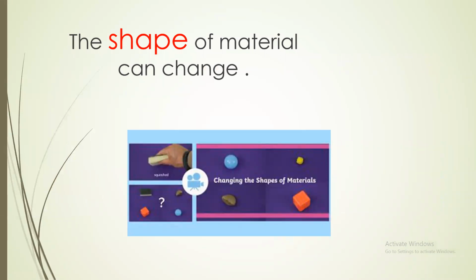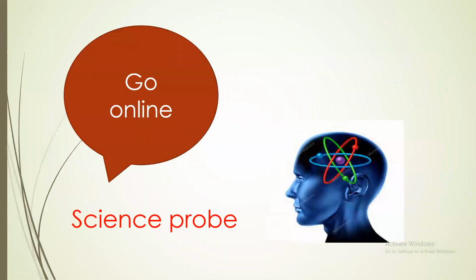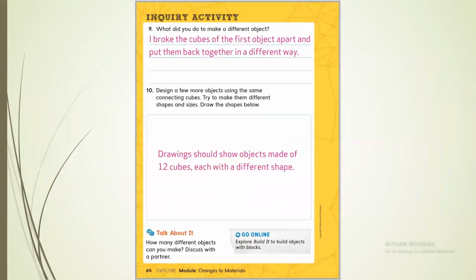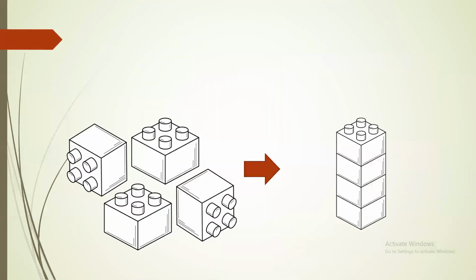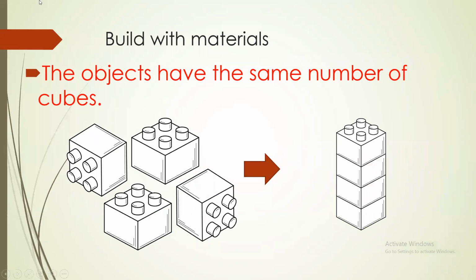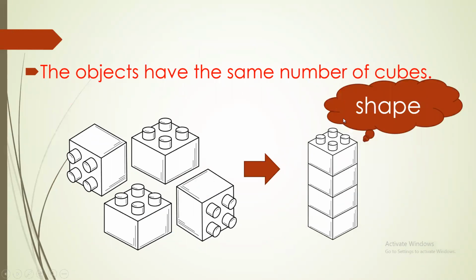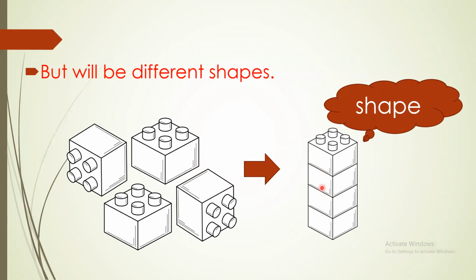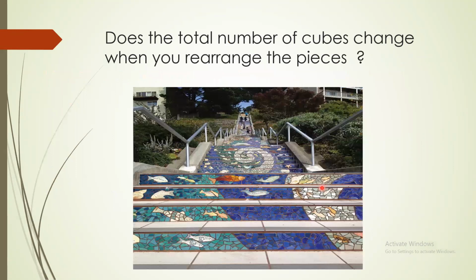When you want to build with the materials, the new shape will have the same number as you use, but will be different in shape and size. So if you use 4 cubes, the new shape will also have the same amount of materials, 1, 2, 3, 4, but different shapes and sizes, okay?